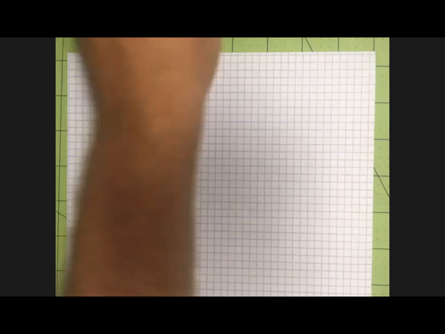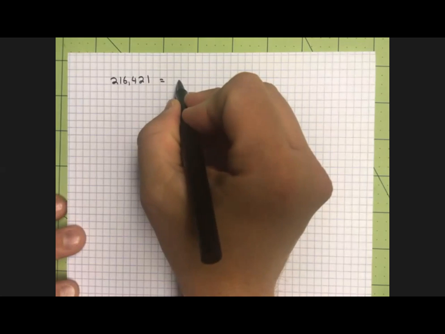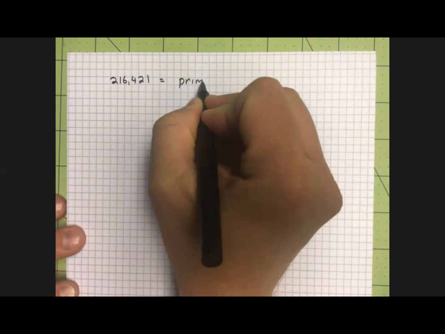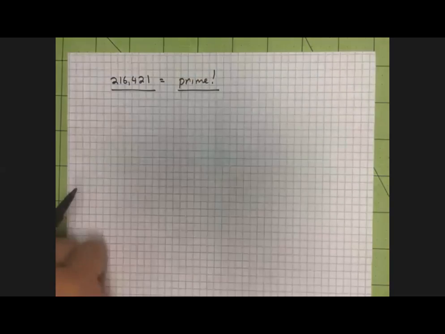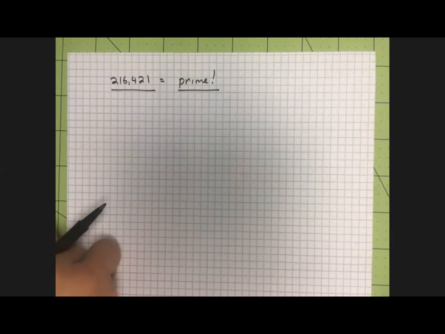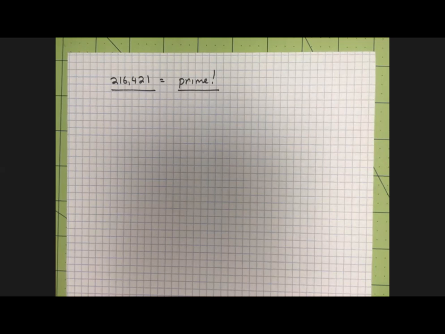Okay, let me go to the paper. This is actually a prime number. So who cares whether a number can be broken down or not? Actually, you care deeply, although you don't see it in your everyday life necessarily. And this is related to all kinds of things with computers, security, credit cards.